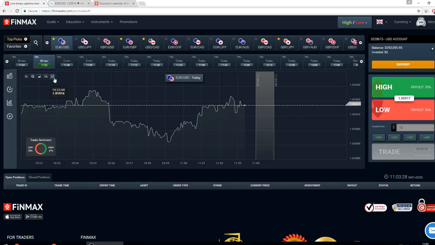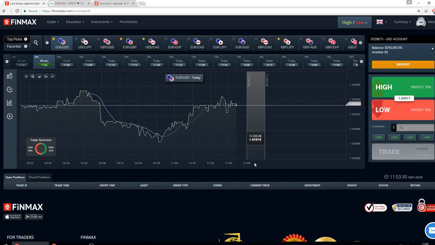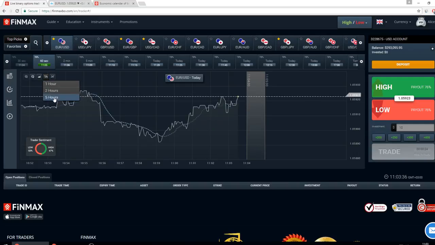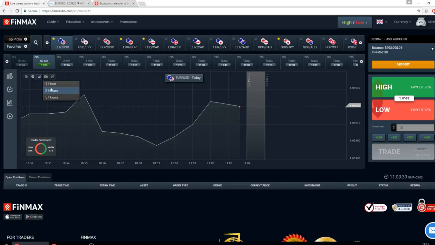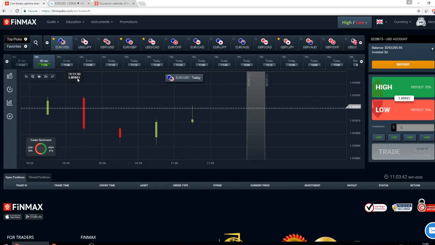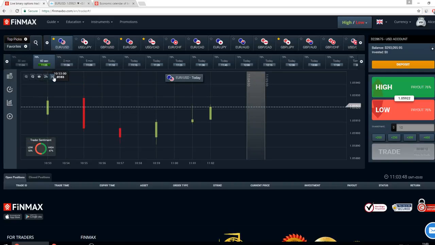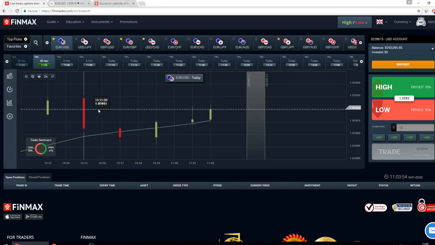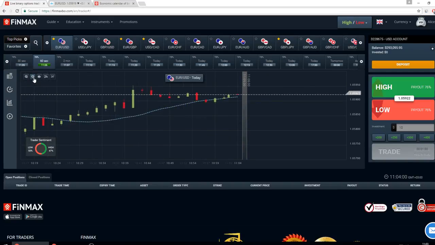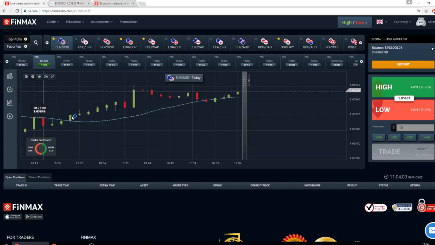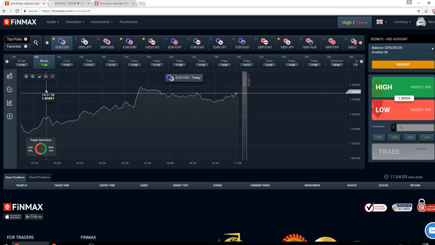At the Finmax platform, you can add this indicator to the chart. You can add it based on the view that you're using to show you changes in price on the platform: candlestick, line view, or area view, depends on you.